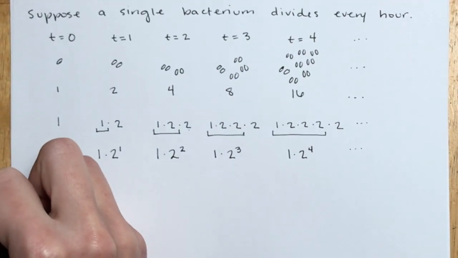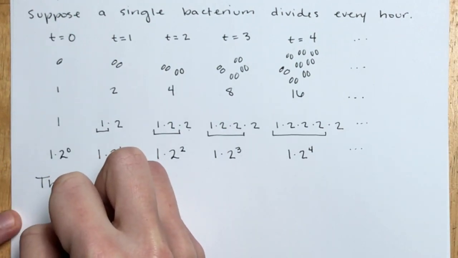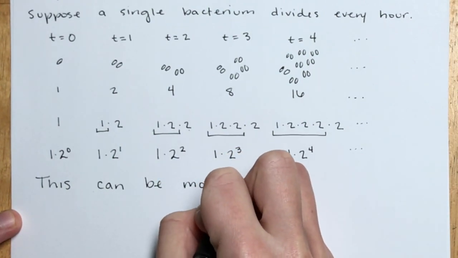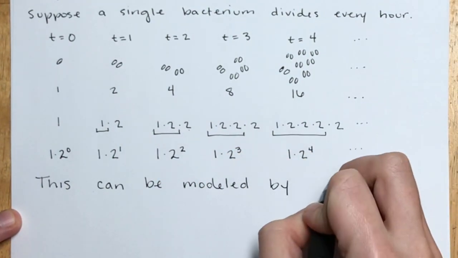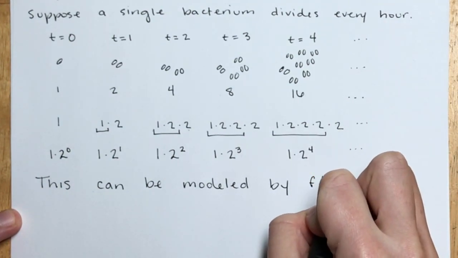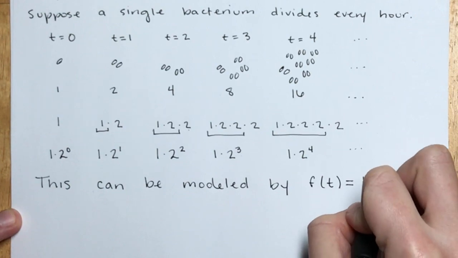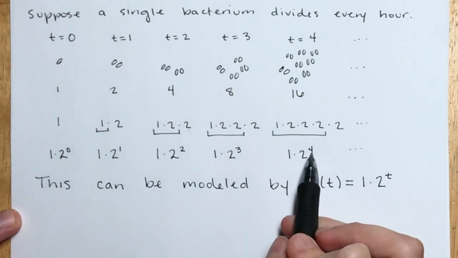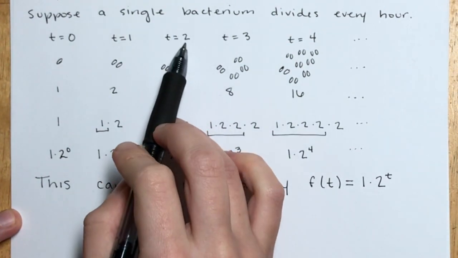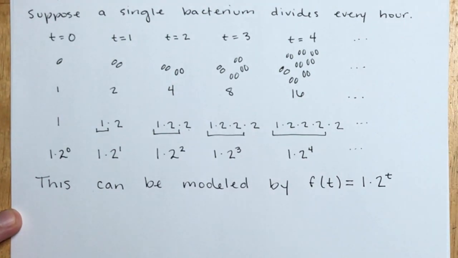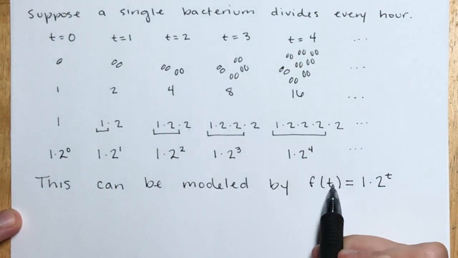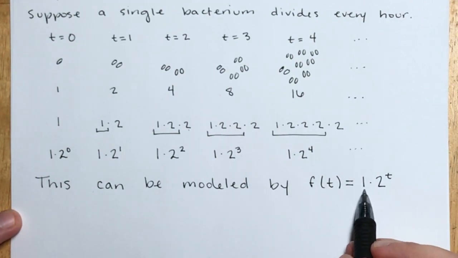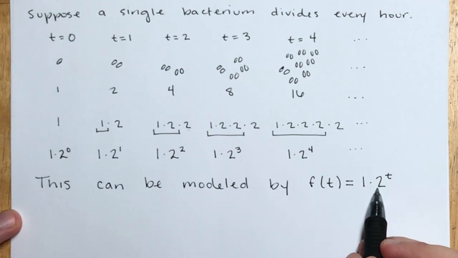So this can be modeled by f of t equals 1 times 2 to the t, right? We get this because all of these exponents match the times that they model. So at some time t, we have 1 times 2 to the t. So the amount that we've started with times the number of times that it's doubled.